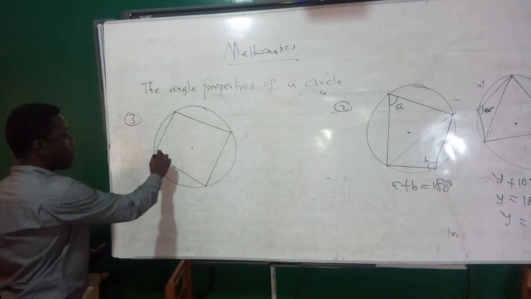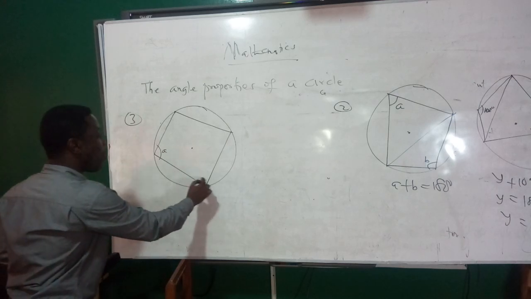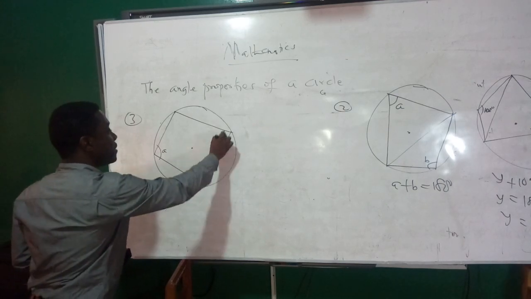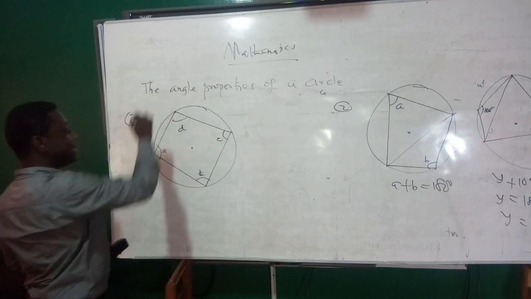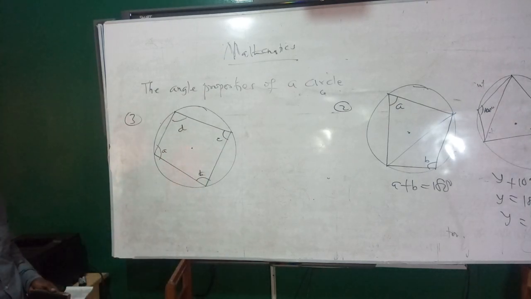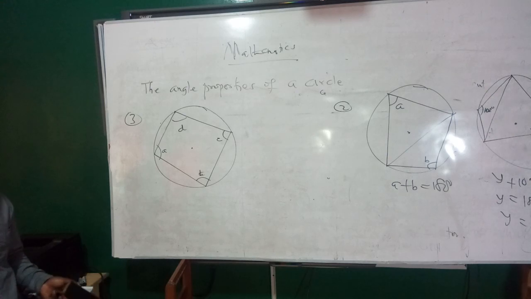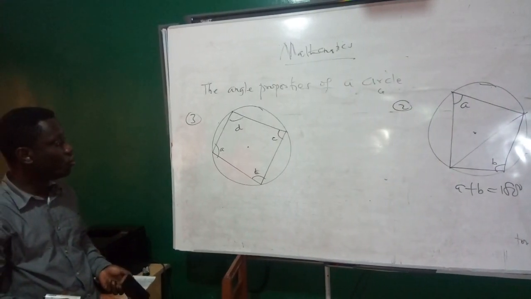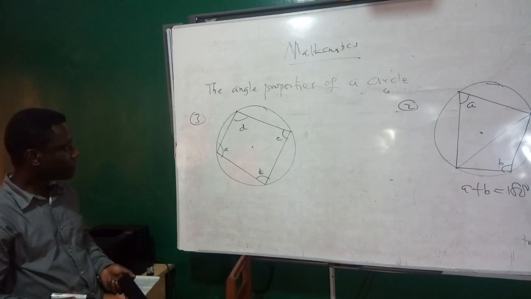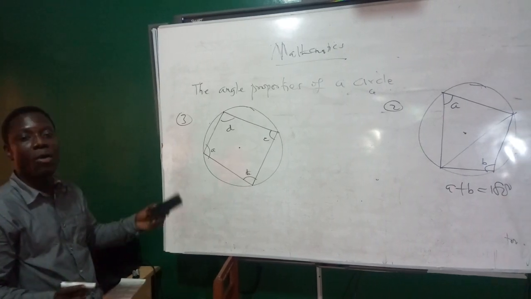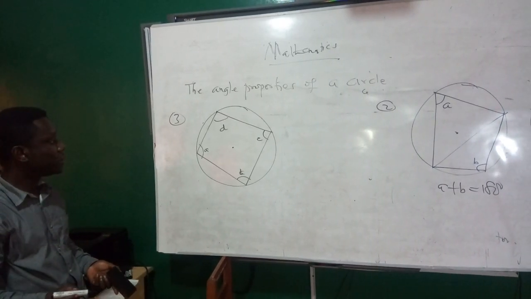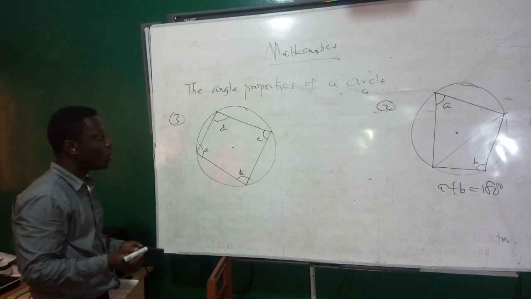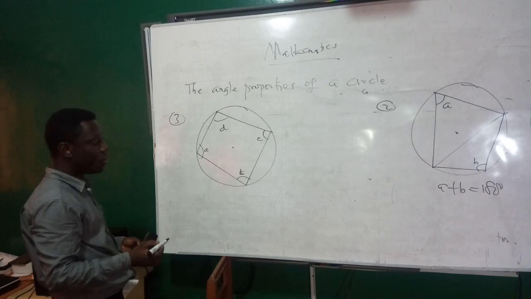So obviously we are going to have four angles. So let's say angles A, B, C, and D. Now if you happen to have something of this nature, then your property in this case is that the sum of the opposite angles is supplementary, that is, when you sum the opposite angles, you are expected to get 180 degrees.